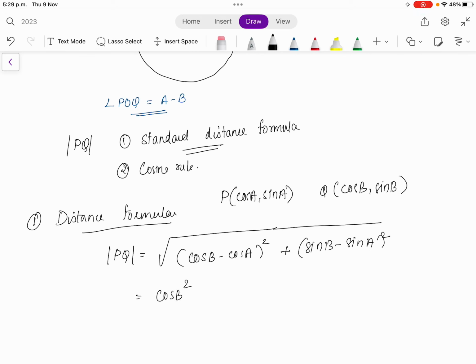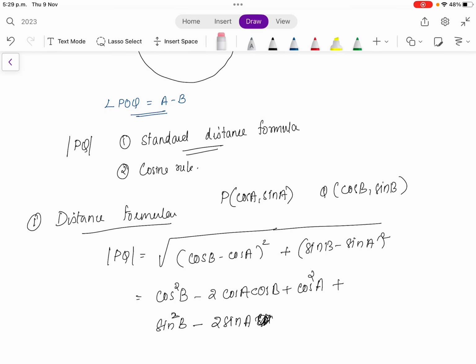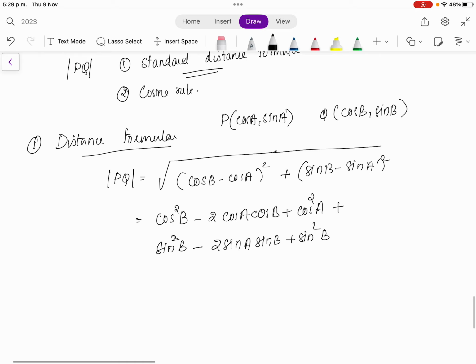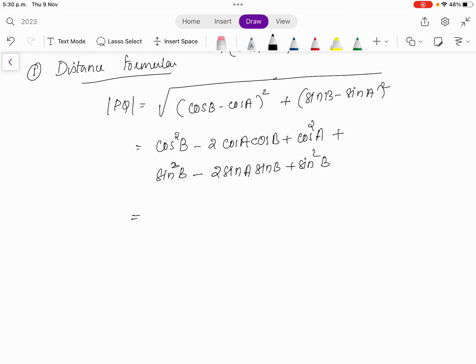So it is cos square B minus 2 cos A cos B plus cos square A, plus sin square B minus 2 sin A sin B plus sin square A. Simplifying this further.